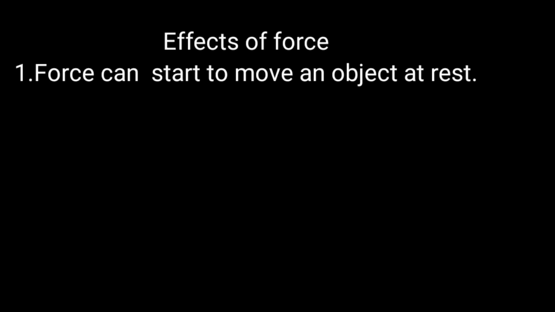So number one is that force can start to move an object at rest. This means that when the object is at rest, when the object is not moving, force can make that object move. For example, you can see the football.